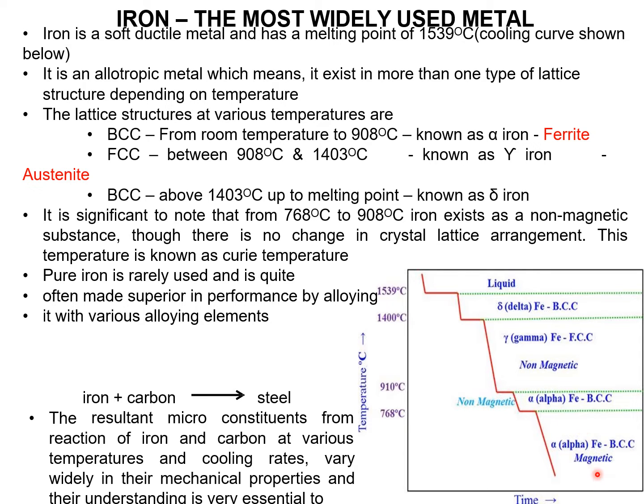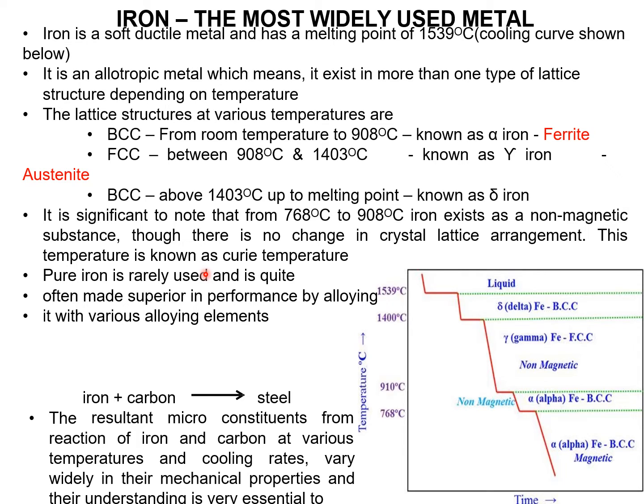So still we are reducing, finally it is alpha and BCC structure, in magnetic form. Like this the iron is changing its crystal structures at various temperatures.